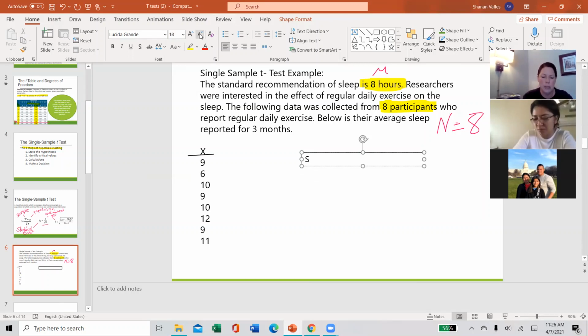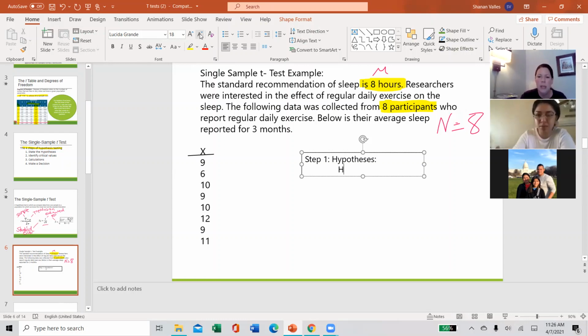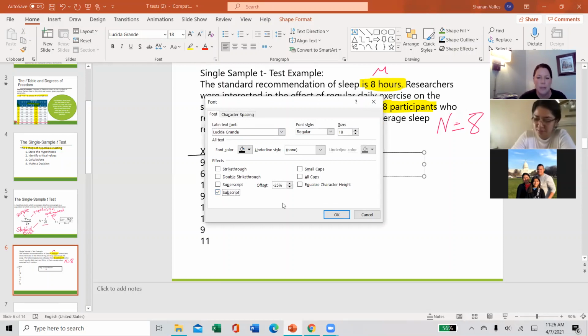So step 1 is to state the hypotheses, okay? So what we're going to do is we're always going to state the null hypothesis and the research hypothesis, okay? I'll do it like I'm supposed to.